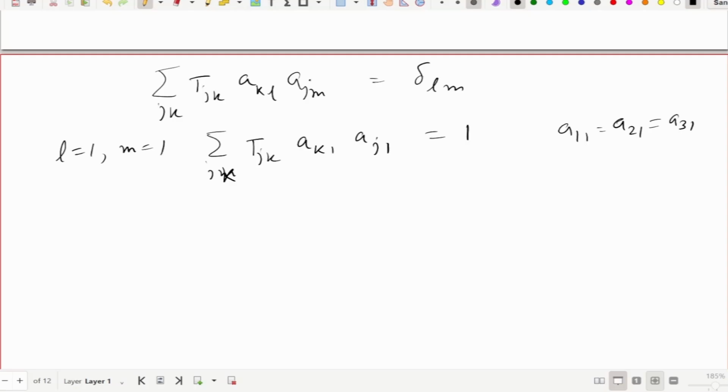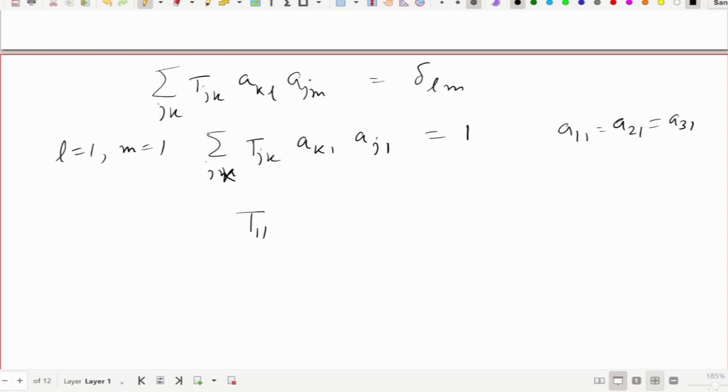Okay. So, now we consider this summation, we will break this summation. Remember, my T matrix is diagonal. So, only the diagonal terms will survive.